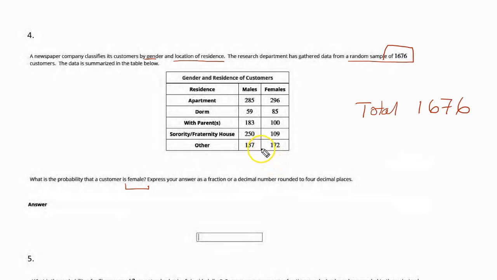You get 762. So you now have your total sample space, and the interested portion of that sample space would be a female. So the ratio would be then 762 over 1676.